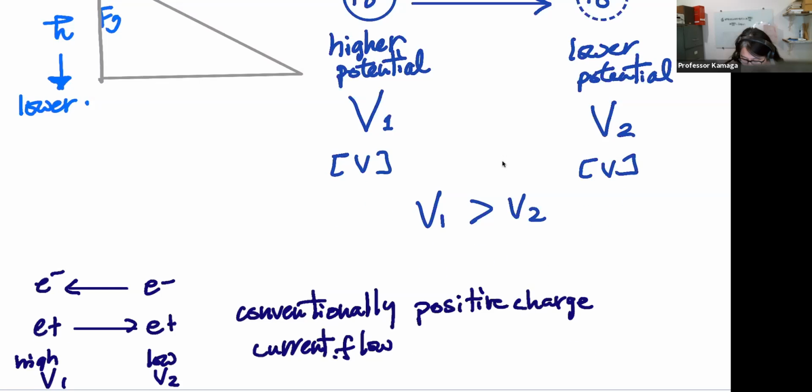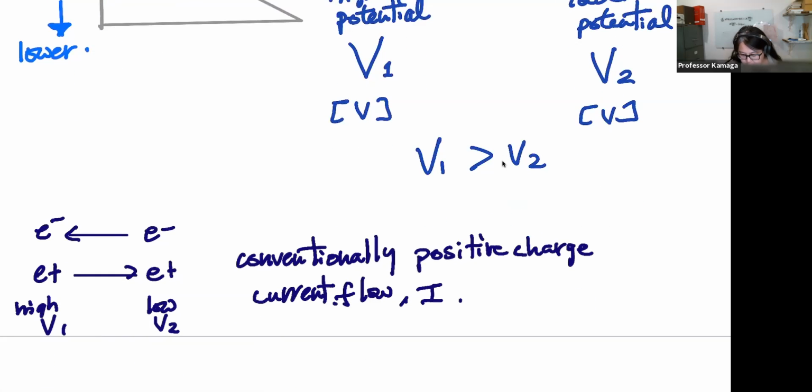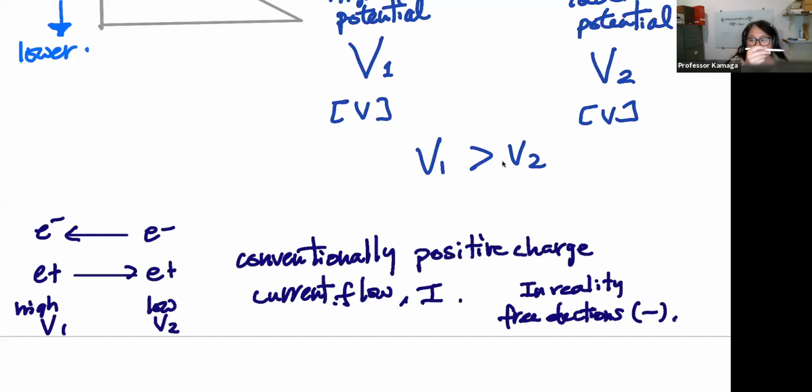So this I is the positive charge, but in reality, it's the motion of the conductive free electrons, which are negative. But we use that positive charge. So when the electrons move from low to high voltage, you can think of it as the exact same amount of charge moving from high to low voltage. It's just easier that way.